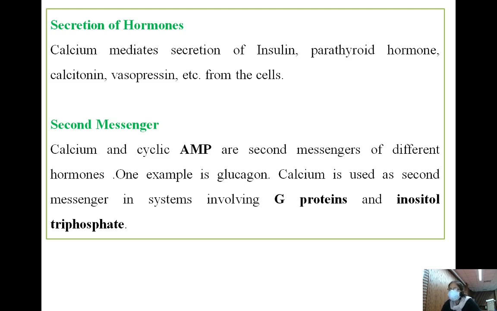Under the mechanism of action of the hormone, you will get how calcium is used as a second messenger in the system involving G protein and phosphoinositol triphosphate. Without calcium, the operation of this second messenger mechanism is not possible.